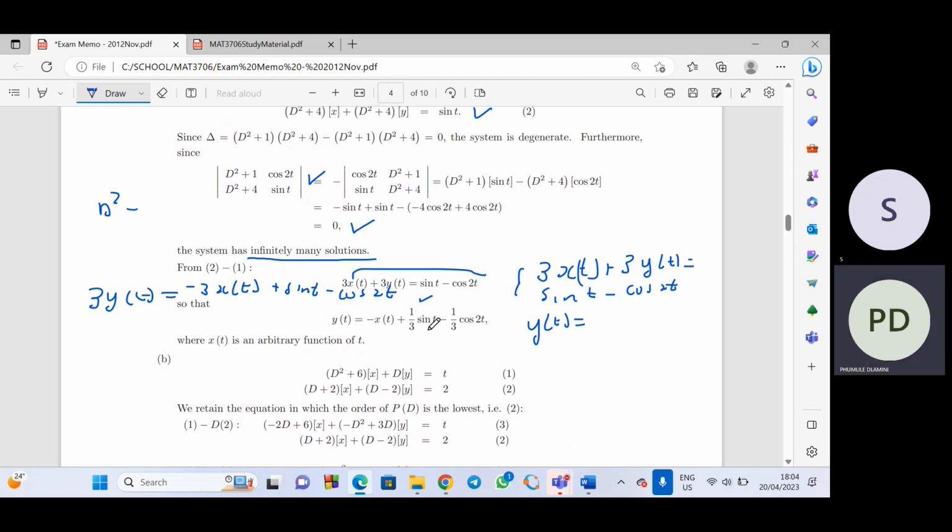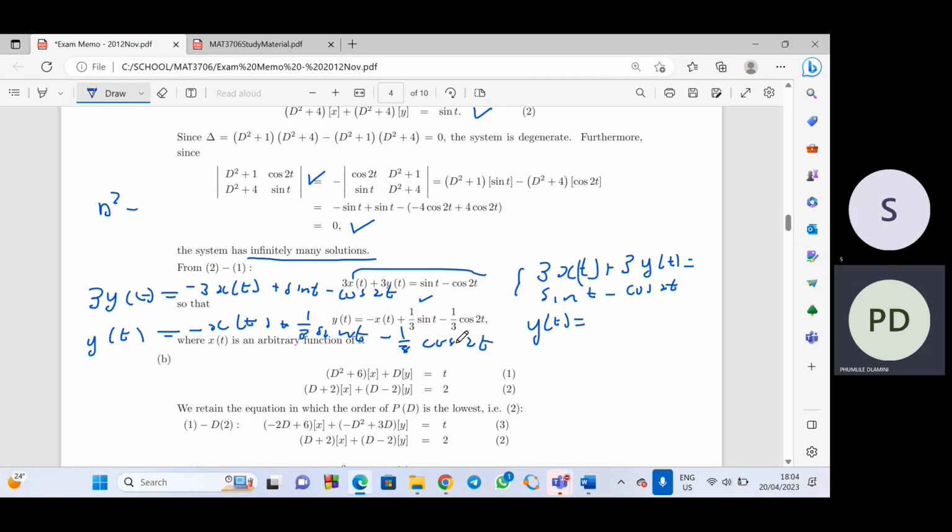Then you can divide by 3. When you divide by 3, you're going to get y of t equals negative x of t plus 1 over 3 sine t minus 1 over 3 cos 2t.